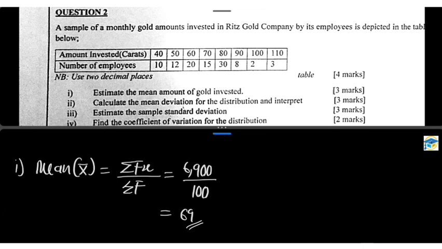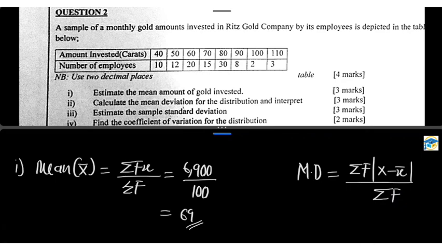So to find the mean deviation, call it MD, for this particular data, it is going to be our summation F multiplying the absolute deviation of the figures, which is x minus x bar, alright, and then divided by the total number, which is what? N. In this particular case, it is summation F.